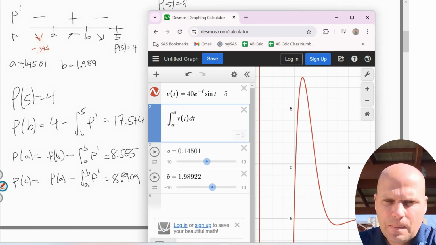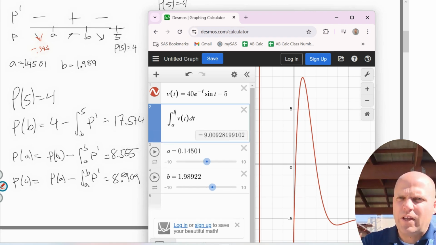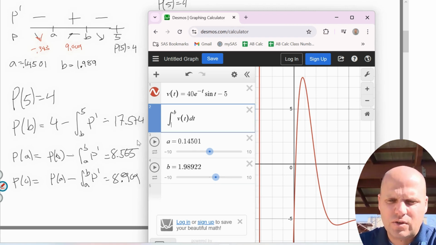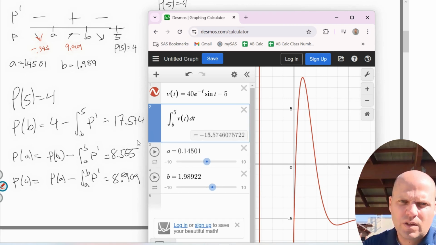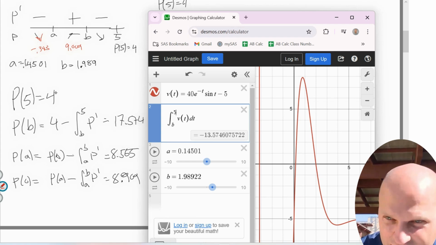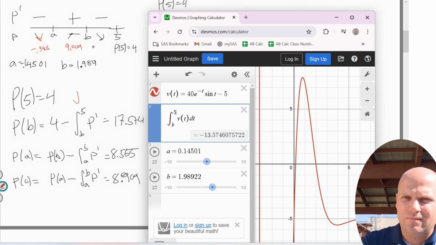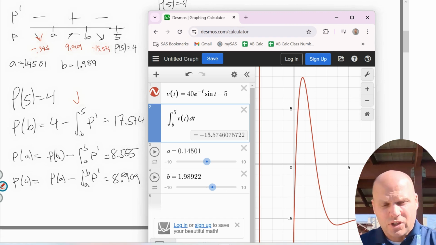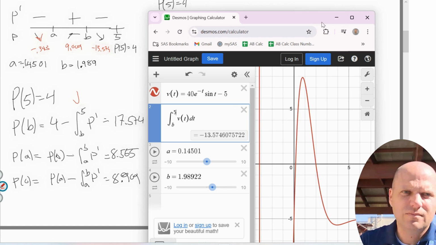A to B, 9.009. Does it make sense that I get from 8.565, add 9.009 and get 17.564? Yes. B to 5. Does it make sense that I get from 17.547 and I end at a position of 4? Checks out. This number, this number, this number, and these numbers make sense. Okay?